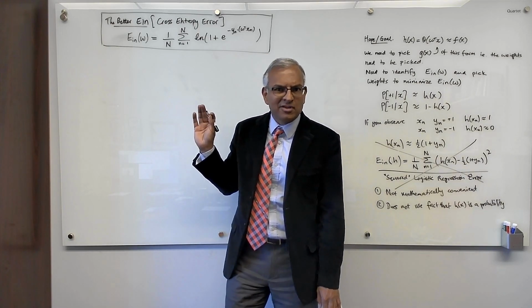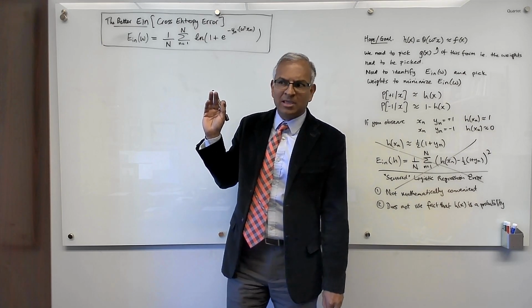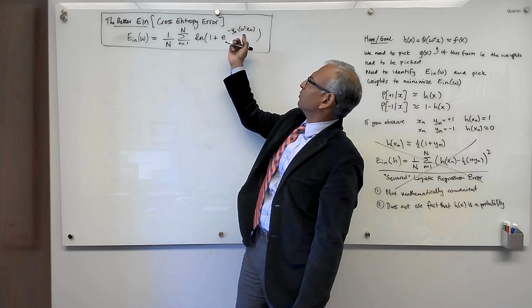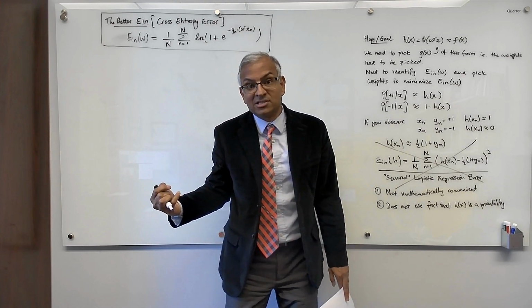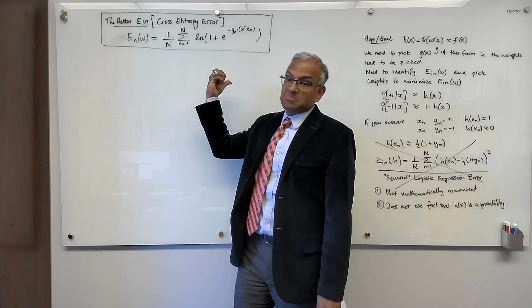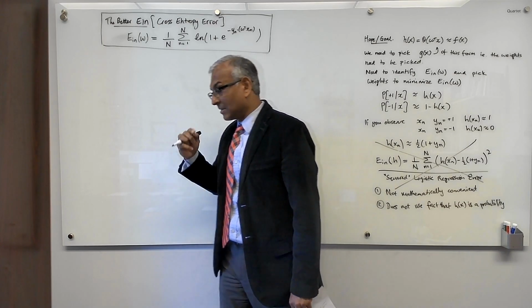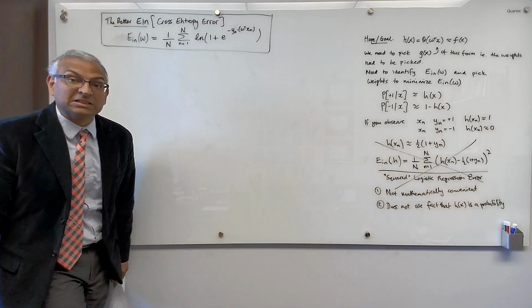It's how they behave, and in particular how they behave when we want to find the weights that minimize the error function. It also comes with a probabilistic interpretation. So it's ugly, but that's the one we want. Ugly but behaves well.